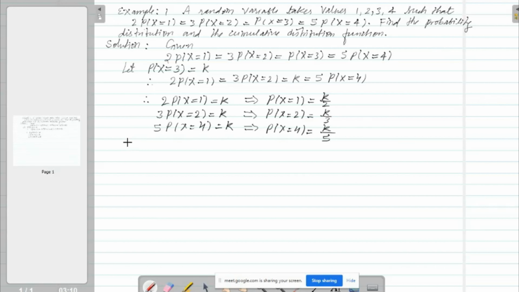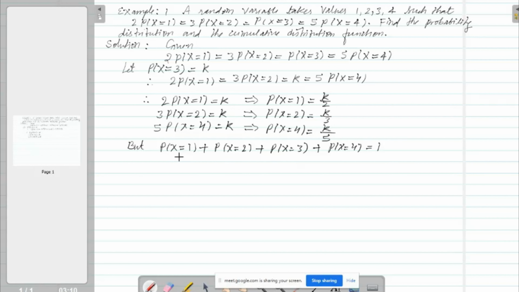Now we know that the sum of all probabilities is equal to 1, which means probability of x equal to 1 plus probability of x equal to 2 plus probability of x equal to 3 plus probability of x equal to 4, the total sum is 1. Now substitute all the values over here.